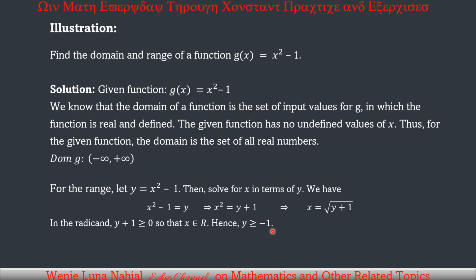So that gives us our idea that our range here is the set of real numbers greater than or equal to negative 1. So we have this interval notation for the range of this function g.